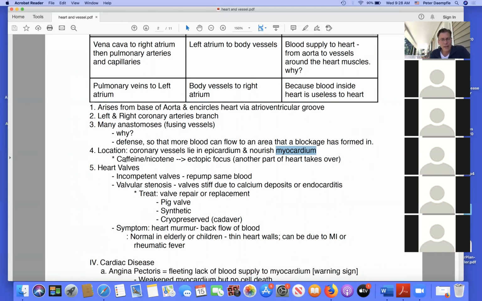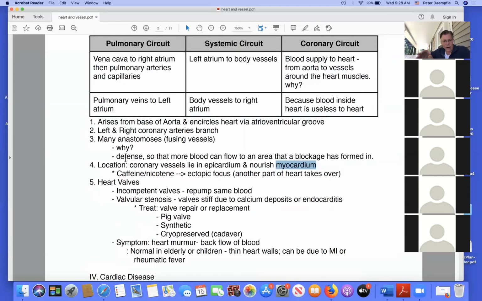So I think that's your maximum target zone. You can look up a chart to see your target zone to get into your aerobic exercise. And you got to do about 22 minutes to get the fat levels down, etc., because fat is related to building up those coronary arteries that we just talked about in the coronary circuit.